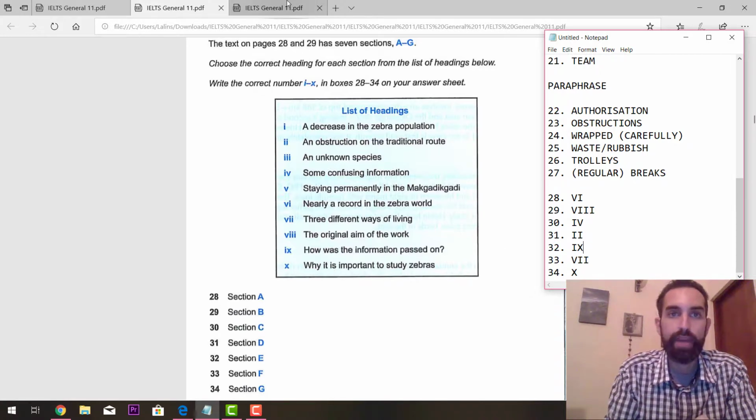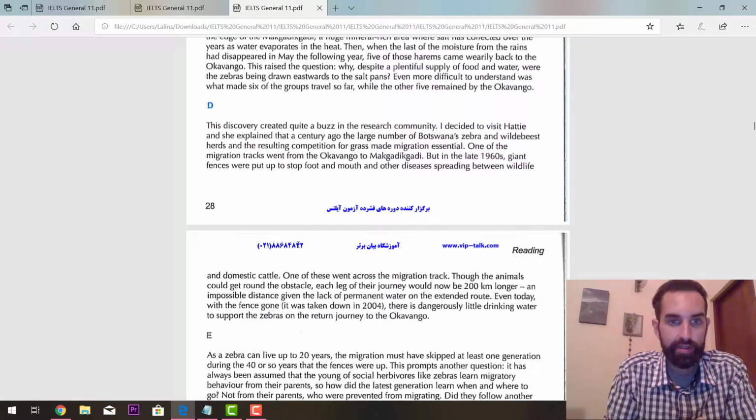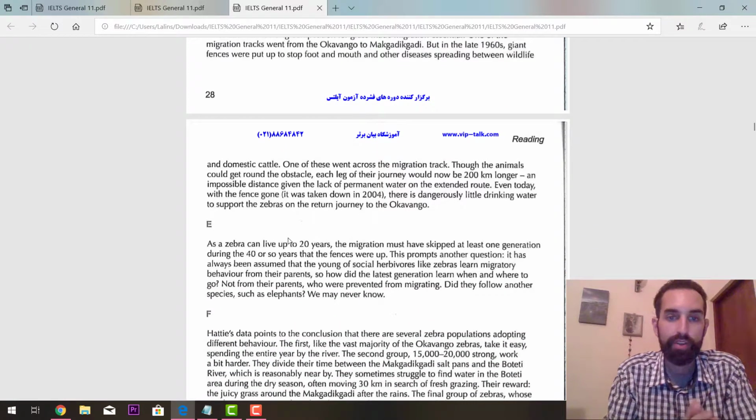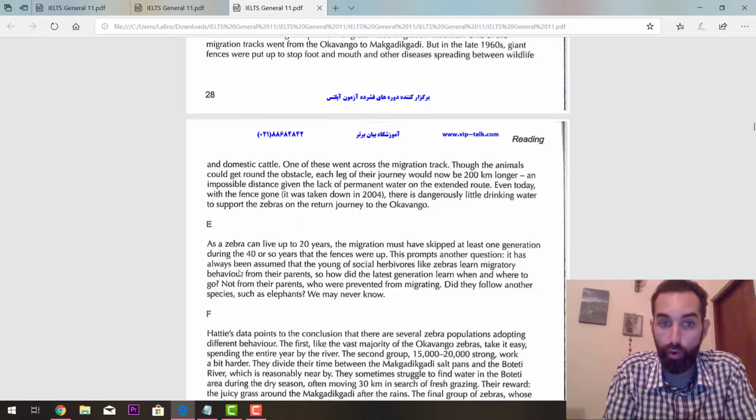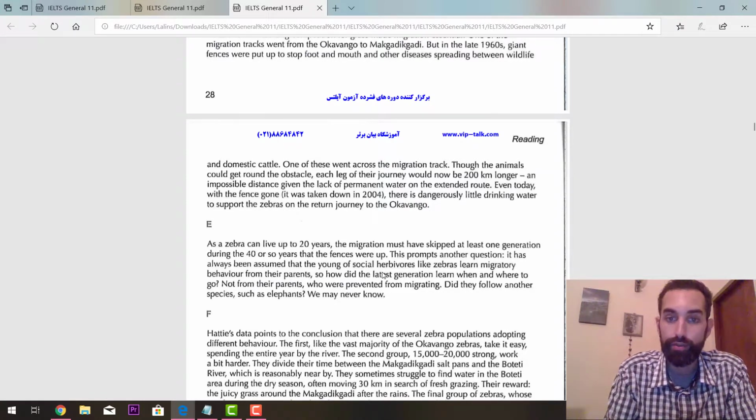And now, section E, that was IX. So how was the information passed on? What they're talking about is, as a zebra can live up to 20 years, the migration must have skipped at least one generation during the 40 or so years that the fences were up. And this prompts another question. It has always been assumed that the young of social herbivores, like zebras, learn migratory behavior from their parents.